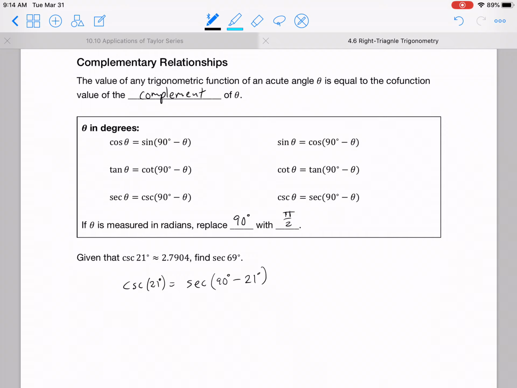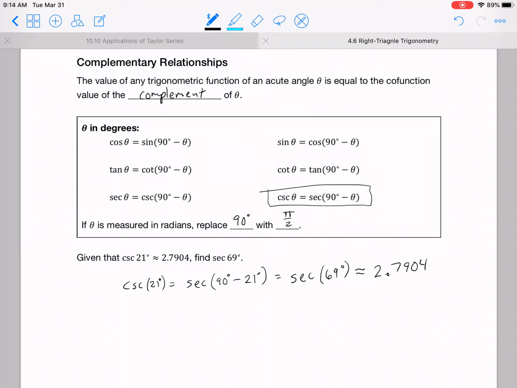That's this relationship right here. And that gives us that we have the secant of 90 minus 21, which is 69 degrees, which is what we're looking for, which means it is about equal to the same 2.7904. And we have that answer right there.